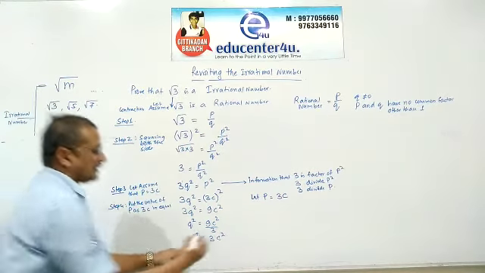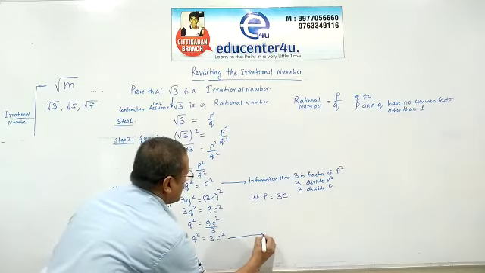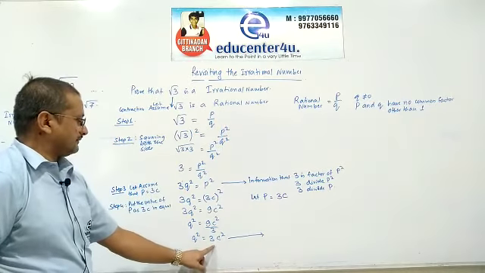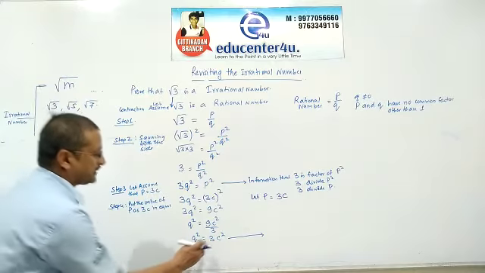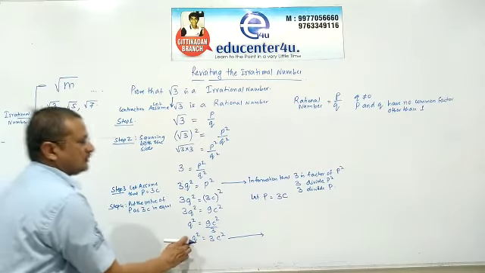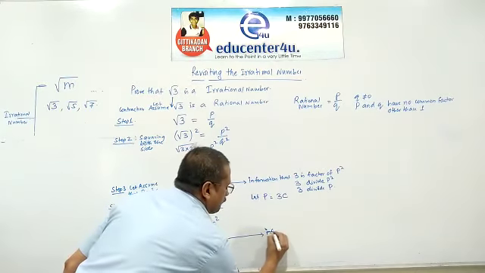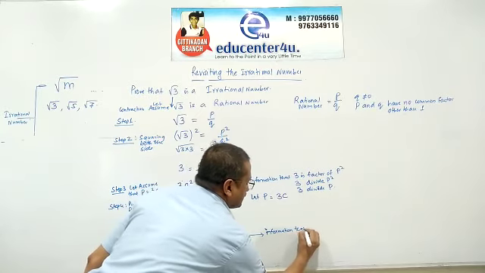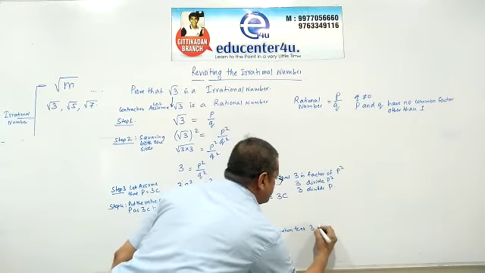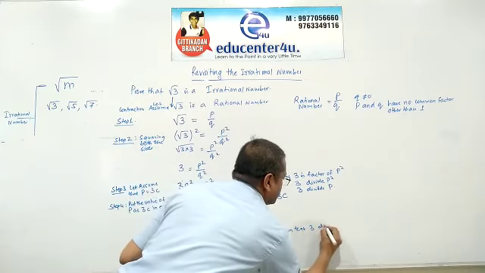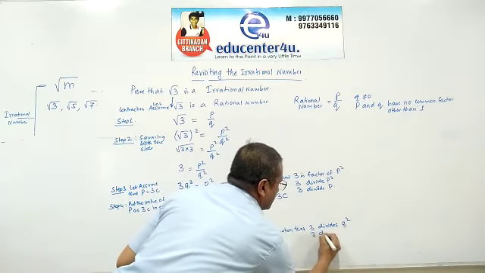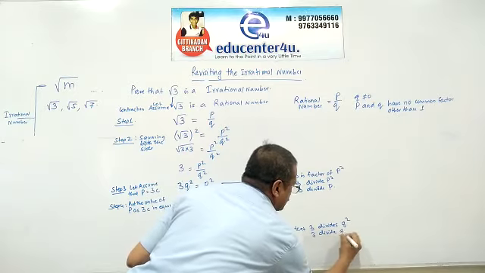From here we get the information that 3 divides q square, so 3 can also divide q.